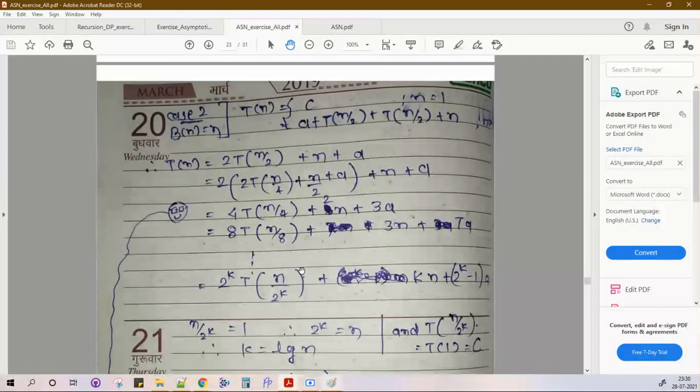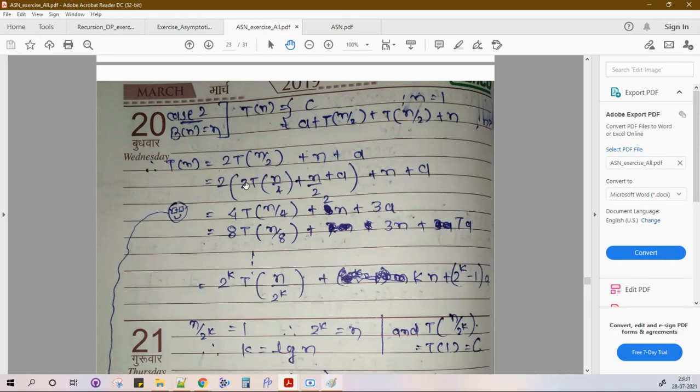Now let's try to solve it. This is really beautiful. T of n is defined something like this. If I have n, just divide by 2 here and put the rest as it is. So n by 2 would be n by 4, and n by 2 as it is, plus a.